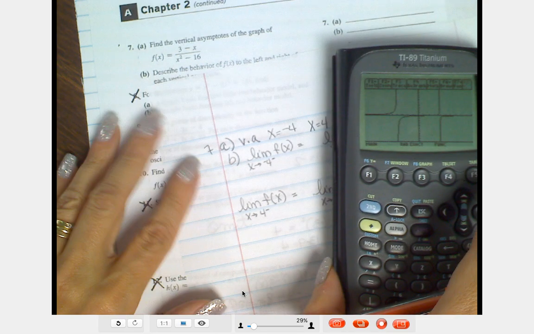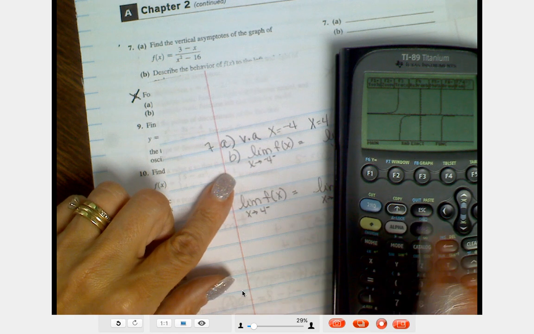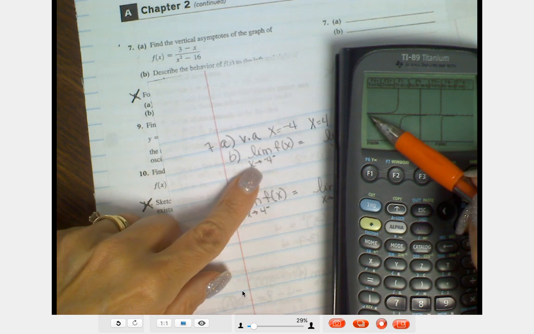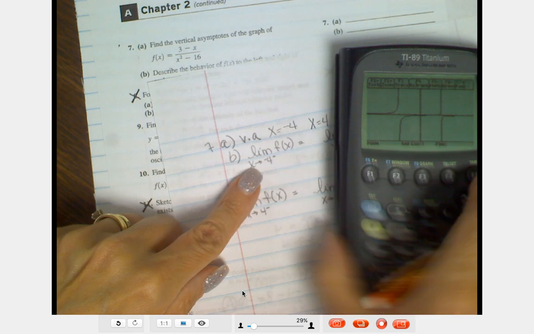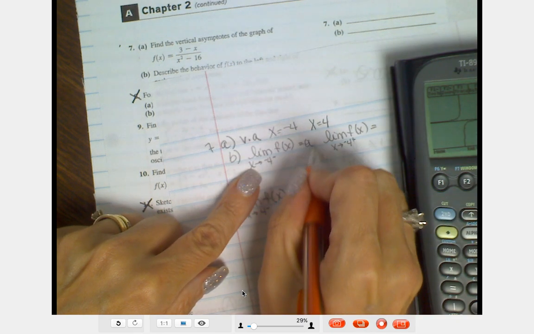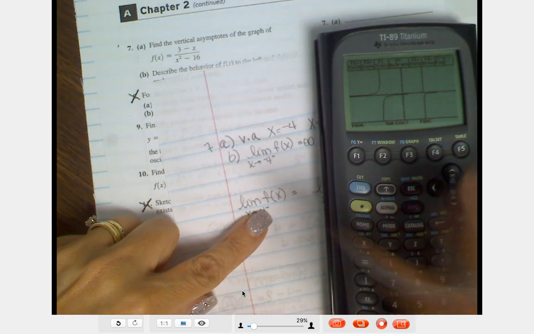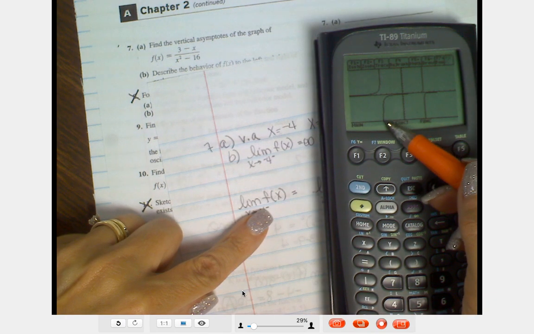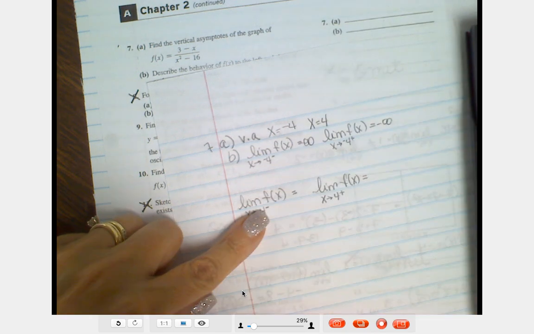Okay, now looking at these right here, as x is approaching -4 from the left, the y is approaching positive infinity. As x is approaching negative 4 from the right, the y is going to negative infinity.